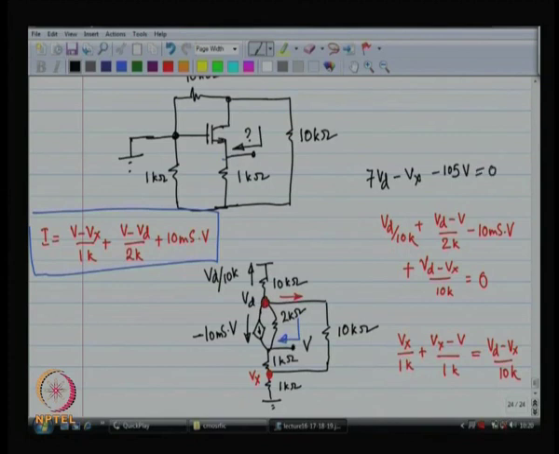That is your first equation, and the second equation gives me, let us again multiply by 10k to make our life easy.